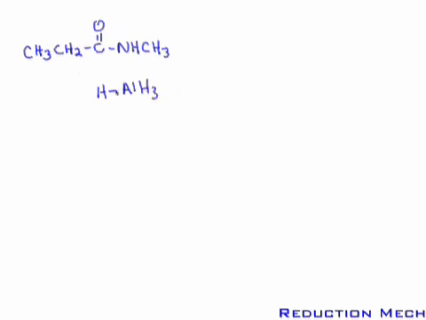Remember, hydrogen's more electronegative, so we have a delta minus here. Delta plus on aluminum. And on the carbon, there's a delta plus and a delta minus. And effectively, the H minus is attracted to the carbonyl. This breaks the pi electrons.